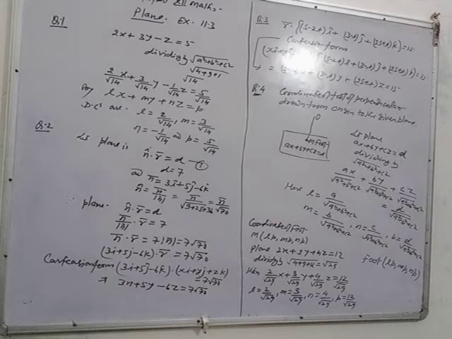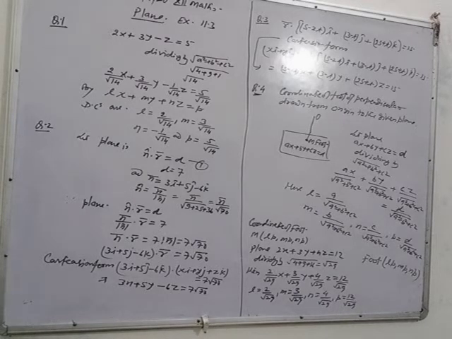From this you can determine n cap, which is equal to vector n upon mod n. Solving it, mod n is the root of the square of the coefficient of i plus the square of the coefficient of j plus the square of the coefficient of k. So mod n is root 70.